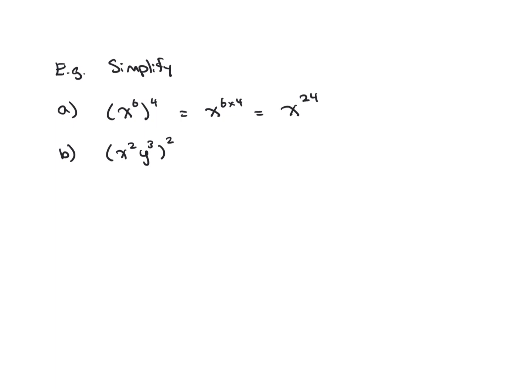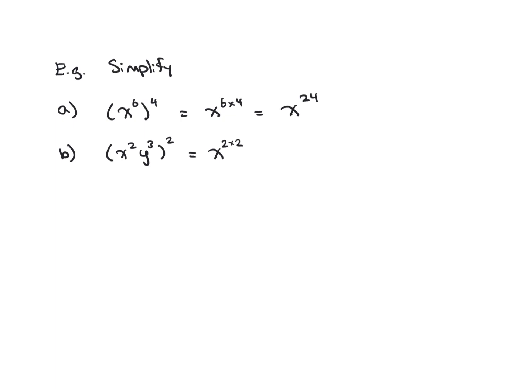I want you to only simplify the x parts and just ignore the y parts. And then after you're done that, do the opposite. Simplify the y parts and ignore the x parts. So if we just look at the x parts, I have x squared, and then it's raised to another exponent of 2. So that's going to simplify to x to the 2 times 2. So that's the x part.